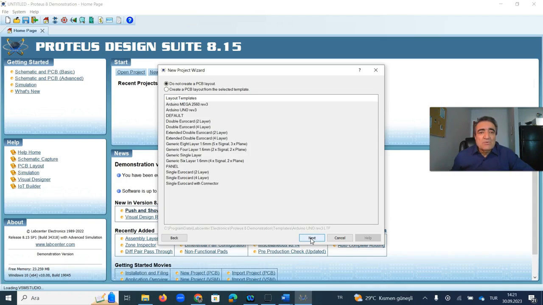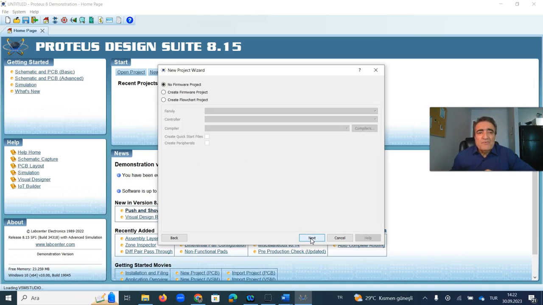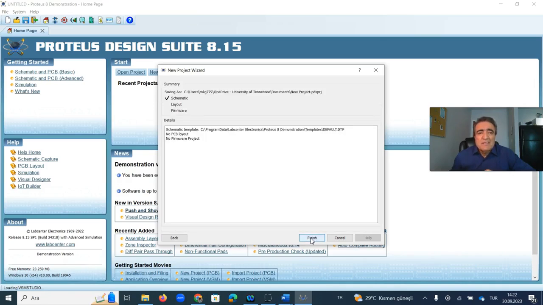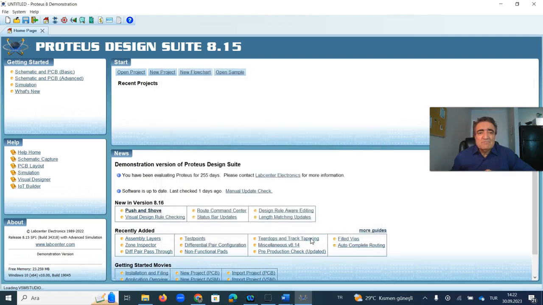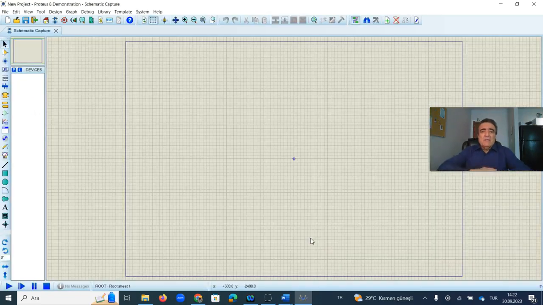Then do not create a PCB layout. I told you, PCB layout means if you want to create this circuit on a card, then you need this selection. But I will not create a card, therefore I am selecting do not create a PCB layout. Next. No firmware project. Next. And finish. Okay, this is our layout.